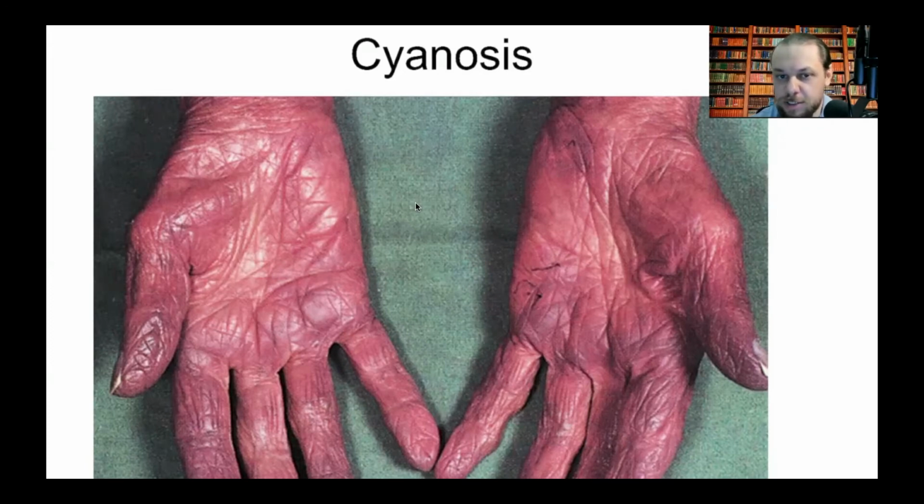So there is no oxygen loaded to the hemoglobin, and this will showcase as bluish tinged, whereas when the heme is bound to oxygen, that's what gives it its red coloring, right? So we see good perfused skin when the hemoglobin is fully bound to oxygen. But when hemoglobin is not bound to oxygen, we see this formation of cyanosis on the hands, the extremities, and also you may see what's known as circumoral cyanosis, basically this blue tinge around your lips.